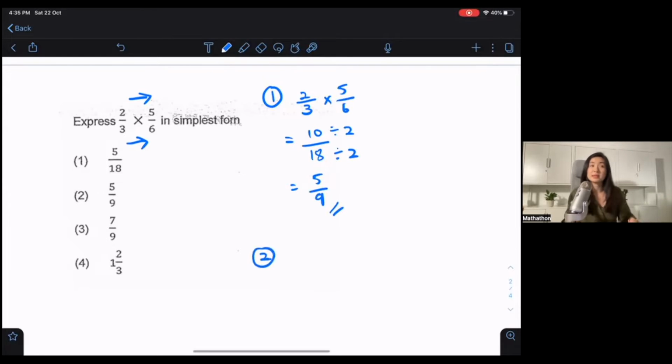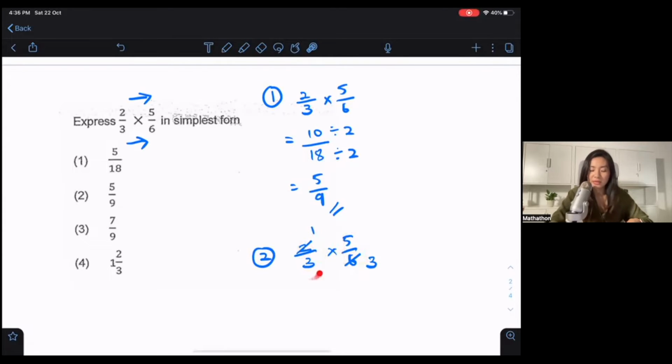What is the other method that I was talking about? Cancel diagonally. If you see 2 and 6, I'm going to divide the numerator by the denominator of the second fraction. What you notice here is that I can only cancel diagonally or I can cancel vertically.